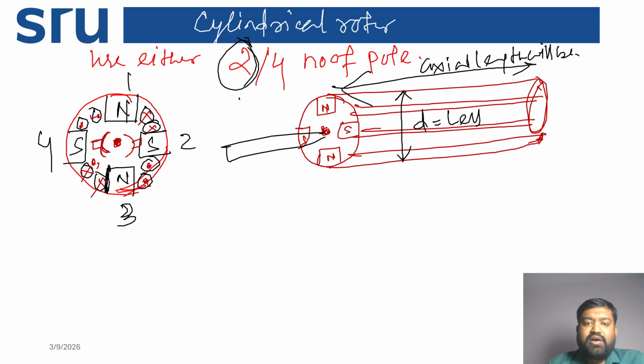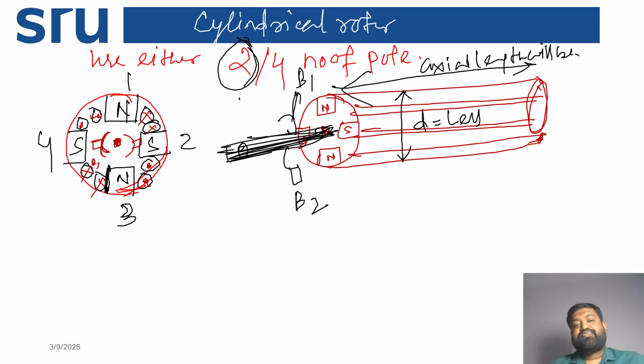This is the shaft. We can say this is the shaft, and here slip rings are there and the brushes, these are the brushes B1 as well as B2. Okay, now the point you can keep in mind, the construction is the same.